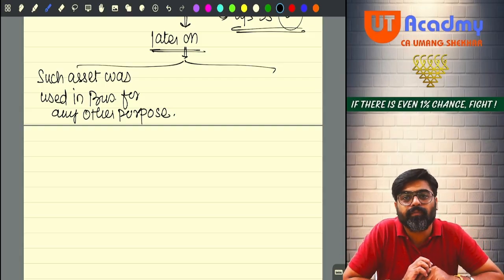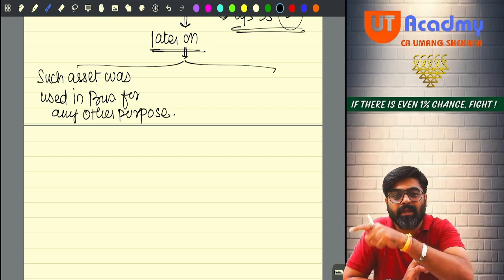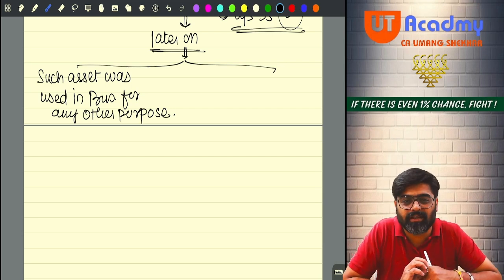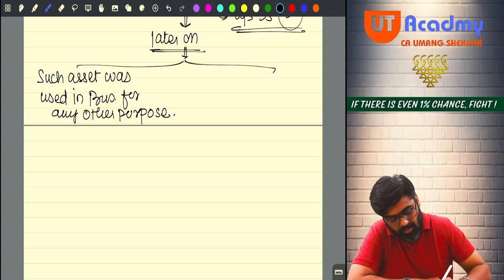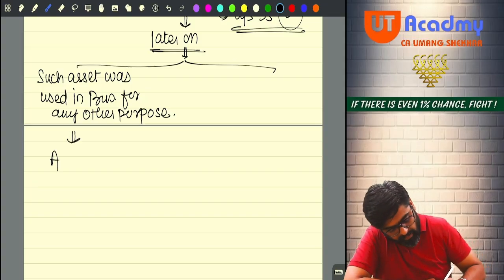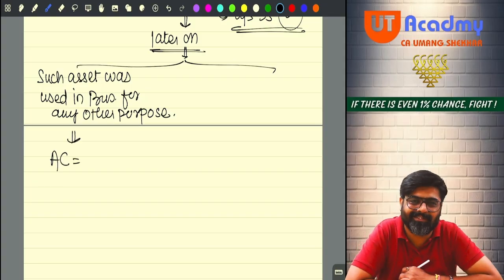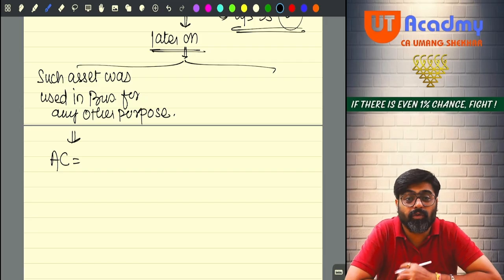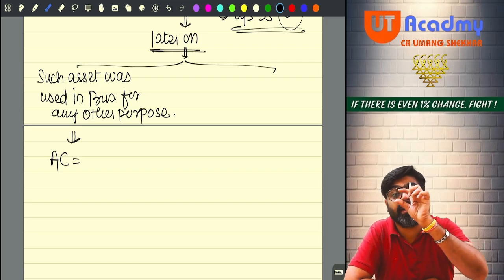So this asset is coming into the block now as an addition. What will be the actual cost of this asset which you will add as an addition to the block?